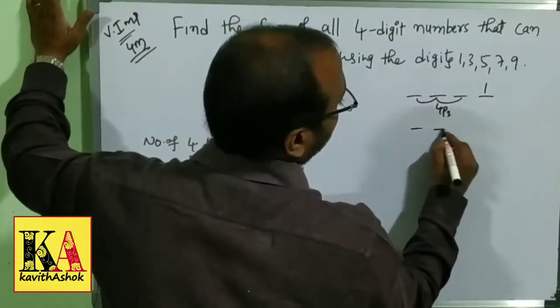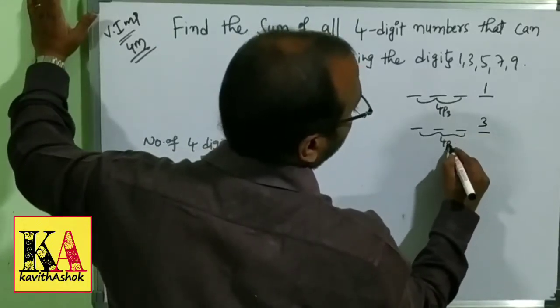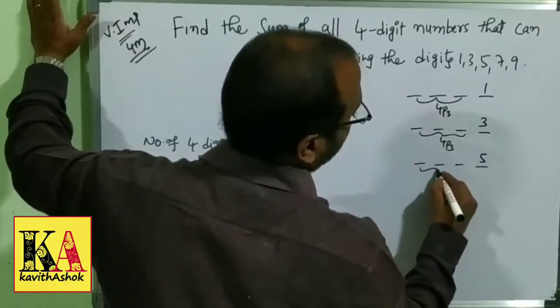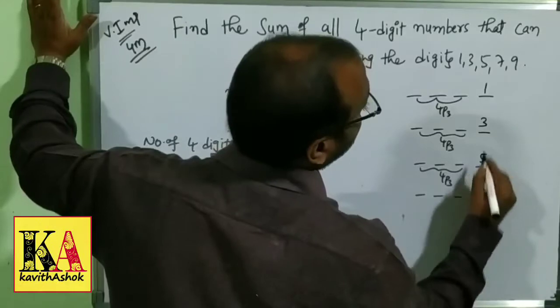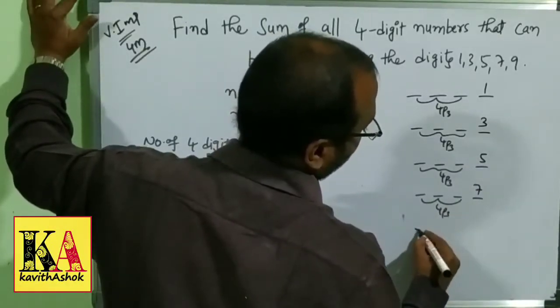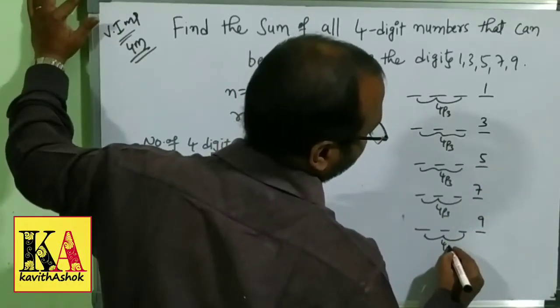In the same manner, 3 fixed, again 4P3. In the same manner, 5 fixed, again 4P3. Next, 7 fixed, again 4P3. Next, 9 fixed, again 4P3.